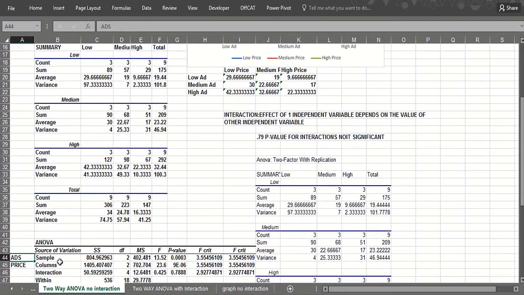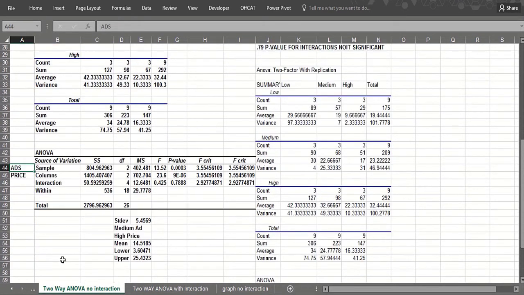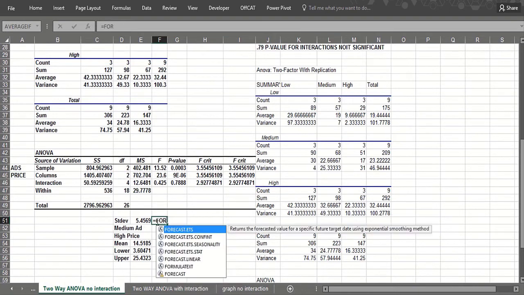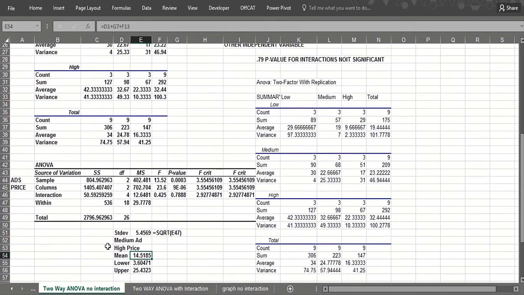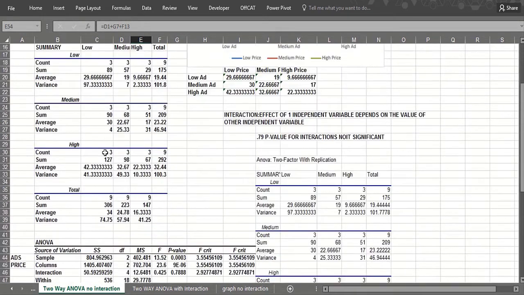So if we want to predict for a given advertising and price combination what will happen, we can do it exactly like the last example. We take the square root of this mean square error here. Right here, I took the square root of that mean square error, and that's our standard deviation. So if I want to predict what's going to happen with a medium ad and high price, the prediction I would make would be to take the mean, 25.04.